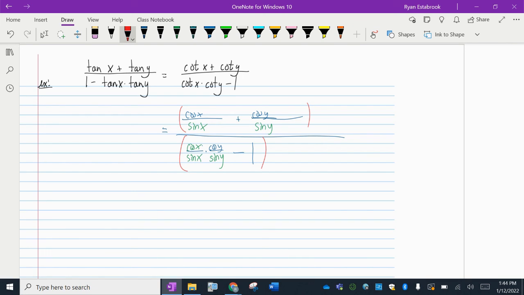Okay. What can you multiply numerator and denominator by here? We're trying to wipe out some of these denominators and these fractions. So what could you multiply? Let's deal with down here first. What could you multiply by down here to get rid of at least some of this fraction stuff?